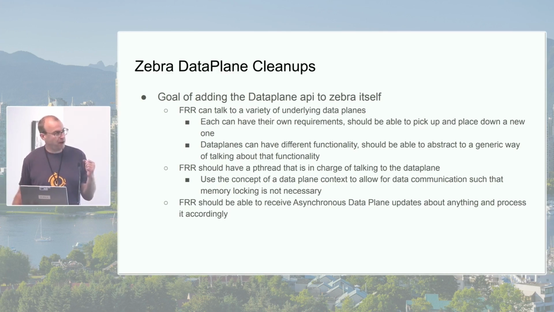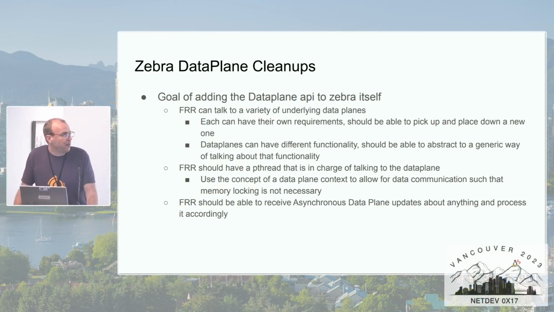The other part is that we want to prevent the data plane from accessing the Zebra master p-thread data structures. They should be separated, and we shouldn't be poking into each other's memory. The final thing we want is that FRR should be able to receive asynchronous data plane updates about anything and process them accordingly.